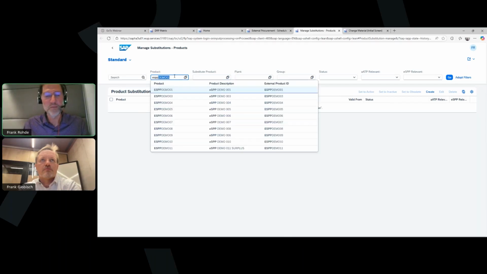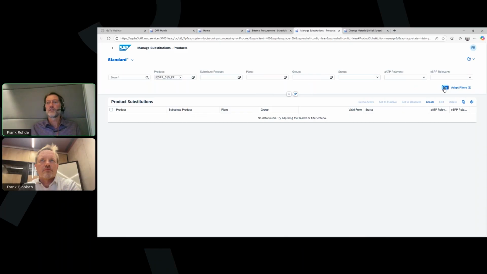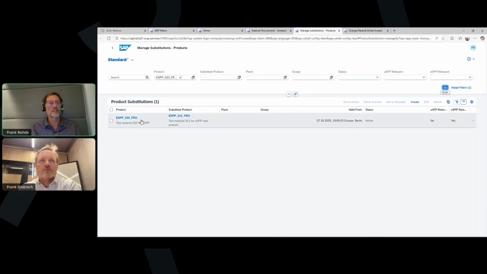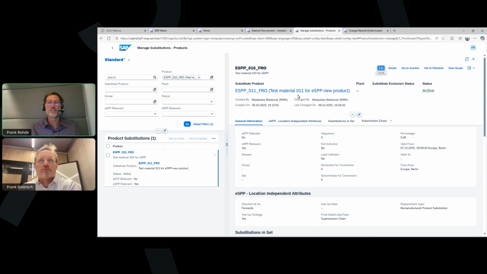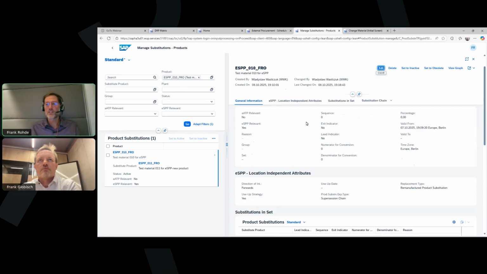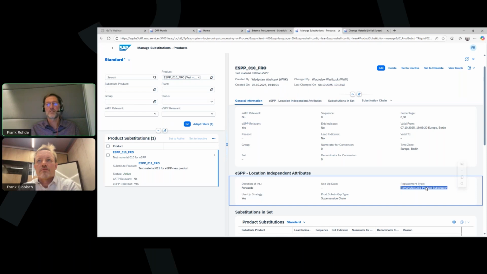We have the eSPP 010 as a product. And if we push the go button, we see, yes, there is a product substitution existing. The predecessor is the 10 and the substitute product is the 11. If we go into that, we see that this is not a normal supersession chain. We see that it is a remanufacturing product substitution.